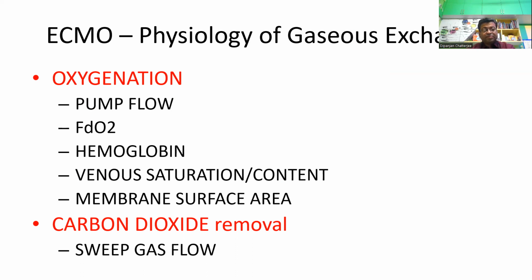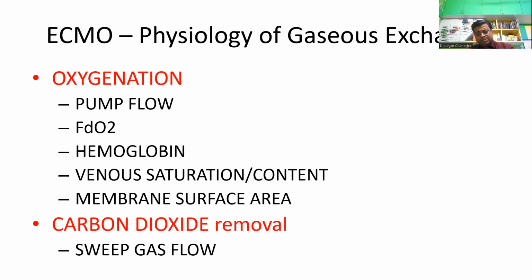Second is the fraction of delivered oxygen to this membrane, that is the FiO2 of the sweep gas. If the FiO2 is low, the concentration gradient is less. So we usually try to keep it at 100% in the beginning, and only during weaning in veno-venous ECMO do we come down on the FiO2 percentage.